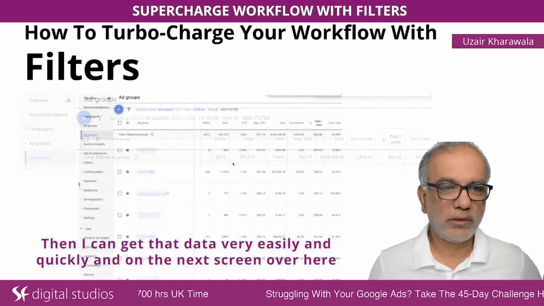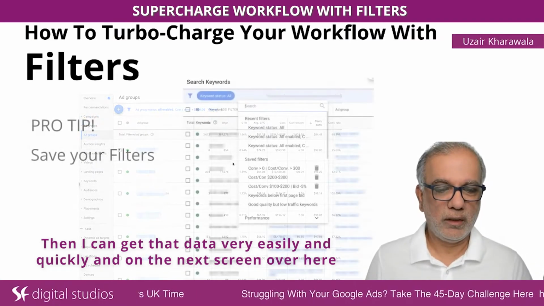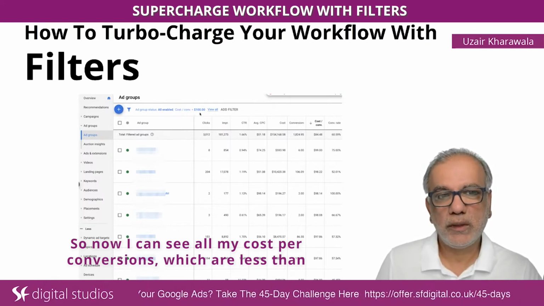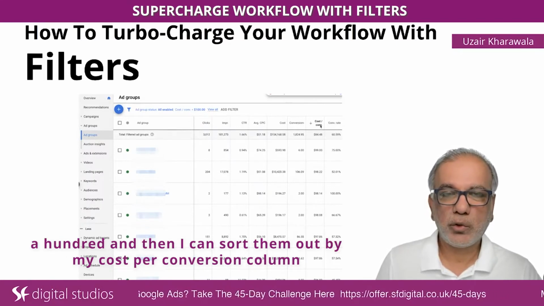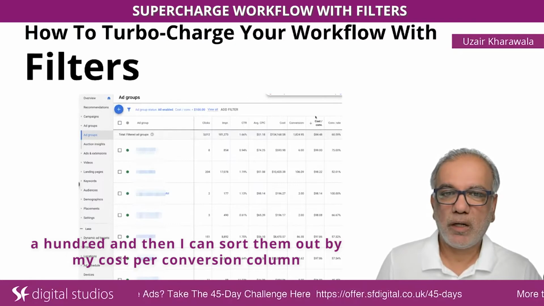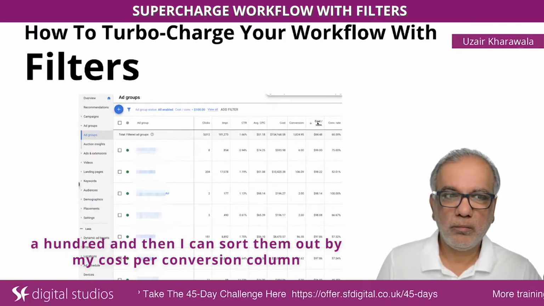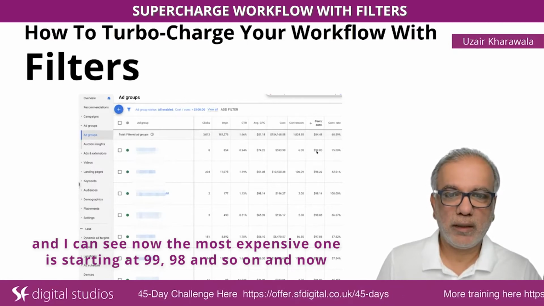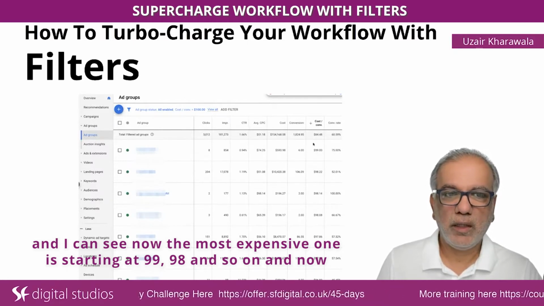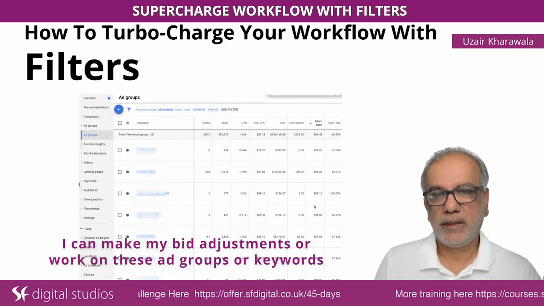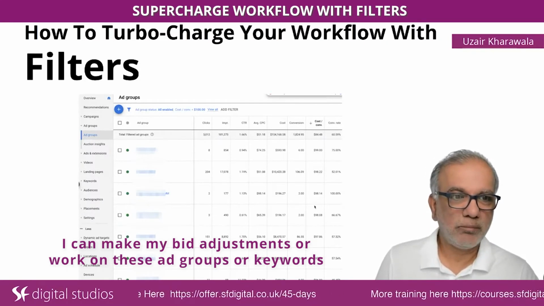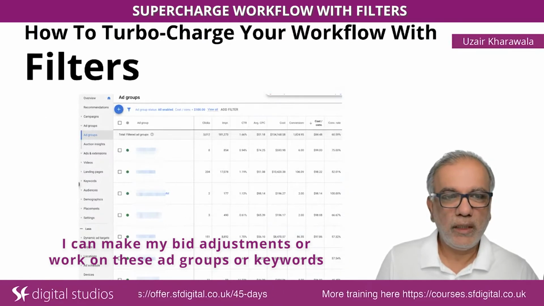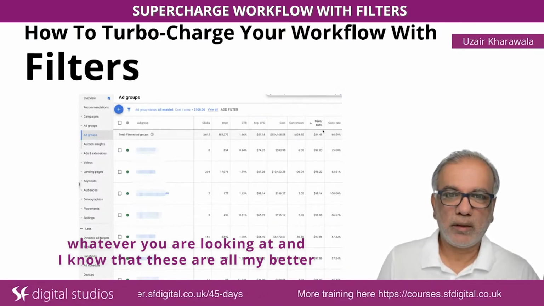And on the next screen over here, now I can see all my cost per conversions which are less than 100, and then I can sort them by my cost per conversion column, and I can see now the most expensive one is starting at 99, 98, and so on. And now I can make my bid adjustments or work on these ad groups or keywords, whatever you are looking at.